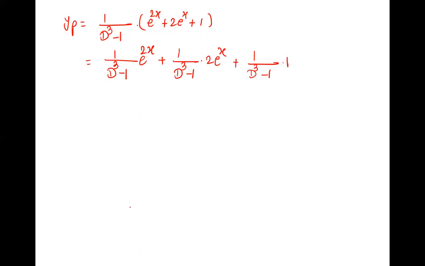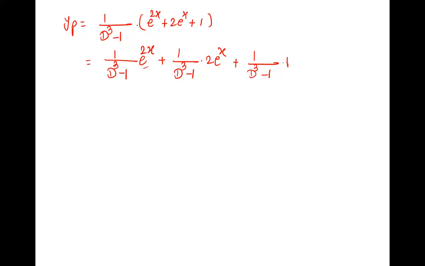Is this clear? But only if there is addition or subtraction can we separate. Otherwise, if there is multiplication or division, we cannot separate like this. Everyone is clear? Yes, this we can solve.